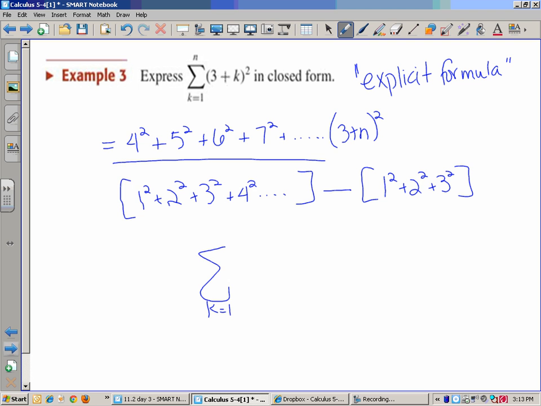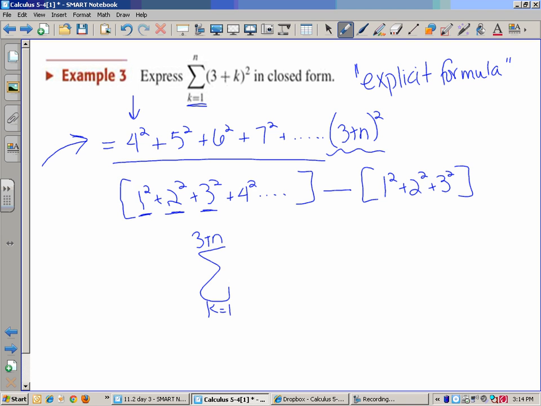Okay, so let's go back up here for just a second. I'm looking right here. See how this series started at 4 squared? In order to close it, and starting at 1, I'm actually adding in these 3 extra terms so that I can stay starting at 1, but I want to end at 3 plus n. So I literally want it to end at 3 plus n.